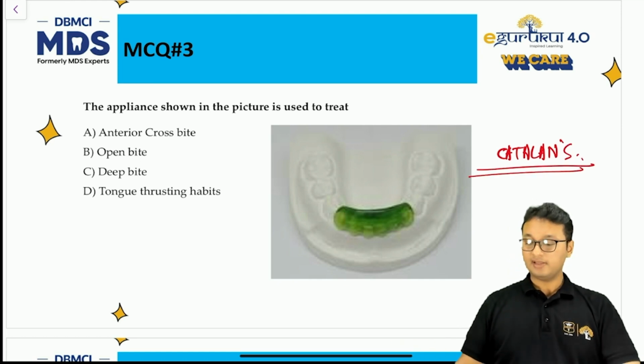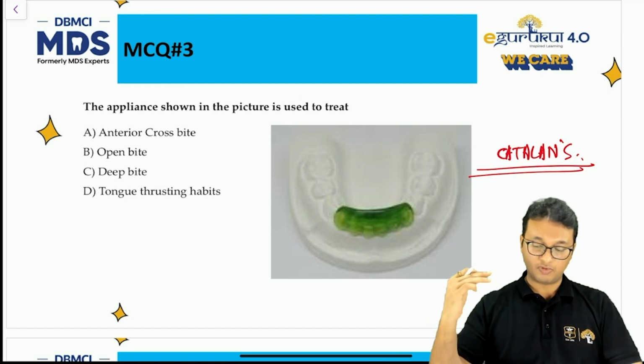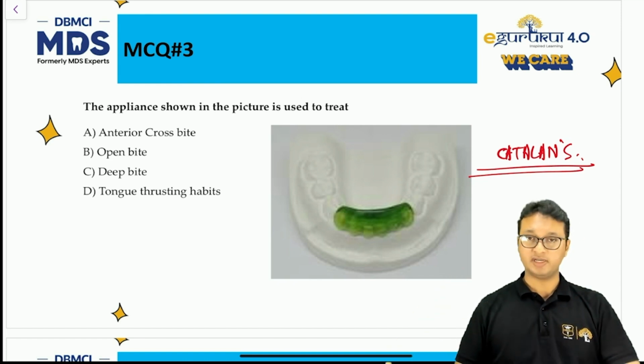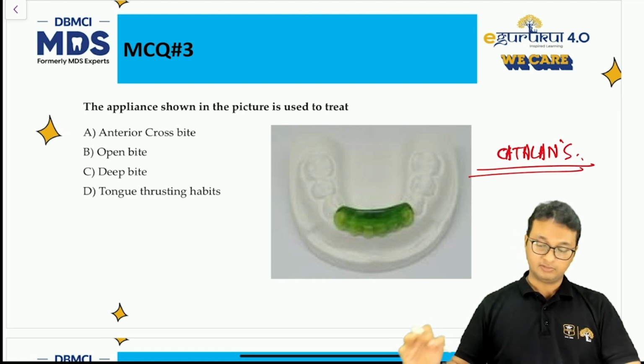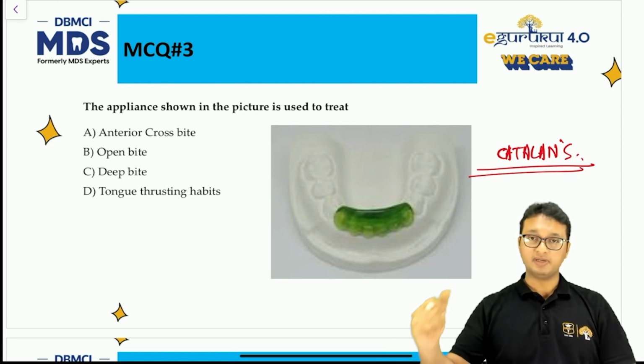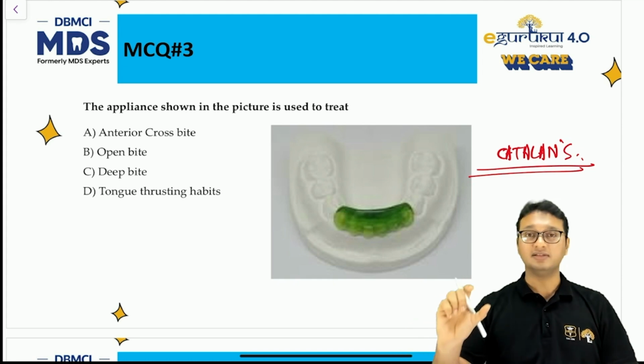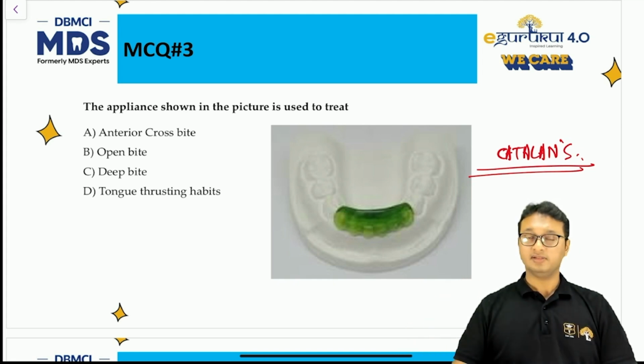Now, Catlan's appliance is an acrylic appliance, but for those uninitiated, any appliance which is acrylic in nature need not be removable all the time. So you might have a preconceived notion that any appliance which is made up of acrylic can be removed by the patient. Although it is true in the maximum number of appliances, this statement does not hold true for this very particular appliance that is called Catlan's appliance.